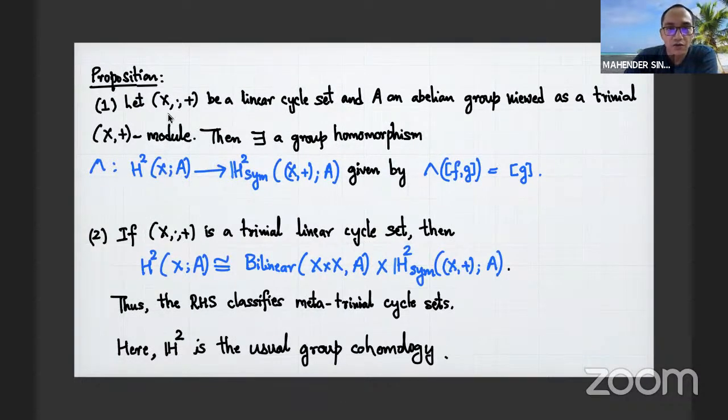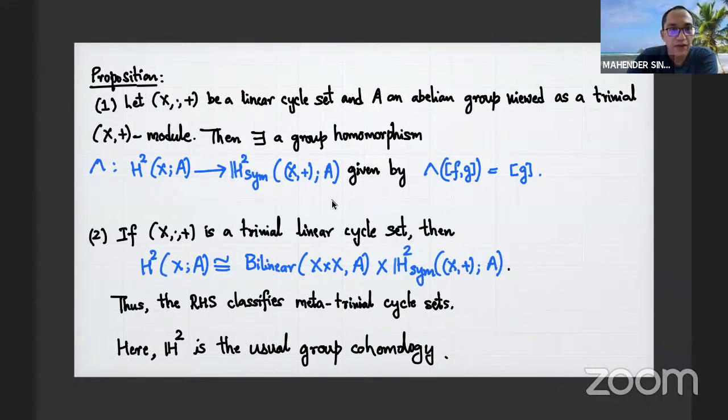So there are some obvious observations here: there is a forgetful map from linear cycle sets to groups. In fact, to the symmetric cohomology of groups, because my co-cycles are symmetric with respect to the variables. So I denote the group cohomology by this notation just to distinguish. So there is this forgetful map.